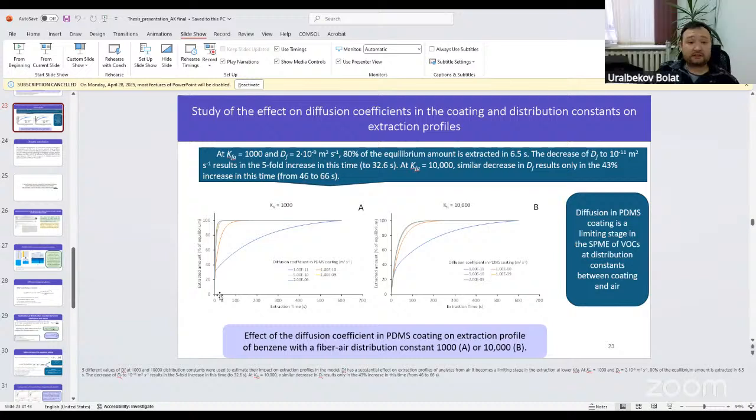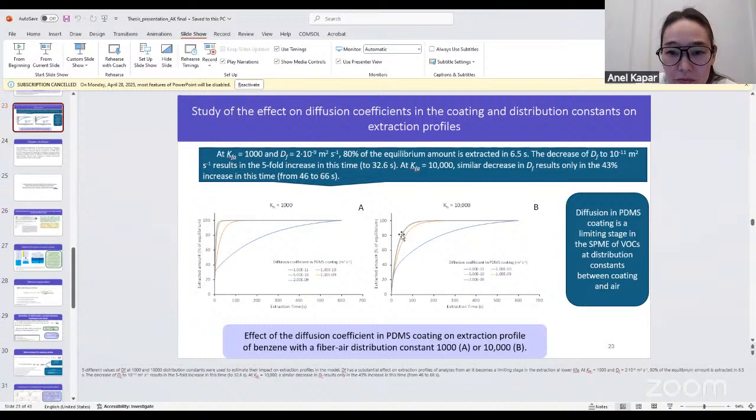No, please be careful. As I said, in your second statement, I want to know where this 43% comes from. Could you give me 43% here. To K_fs 10,000 at the same value of D_f, decreased value, 43% increase in this time.